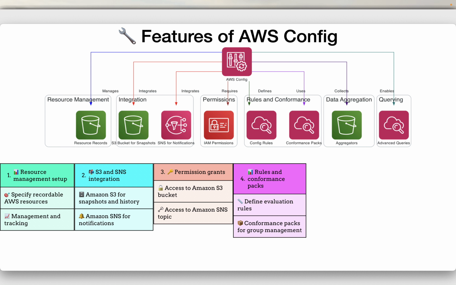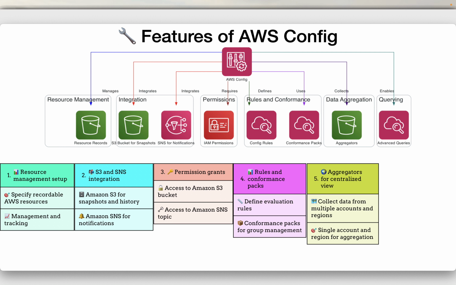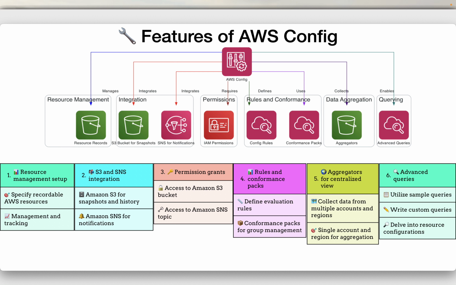Define rules for AWS Config to evaluate your resources and use conformance packs for group management. Aggregators collect data from multiple AWS accounts and regions into a single account and region. You can utilize sample or advanced queries, or write custom queries also, to delve into your AWS resource configurations.